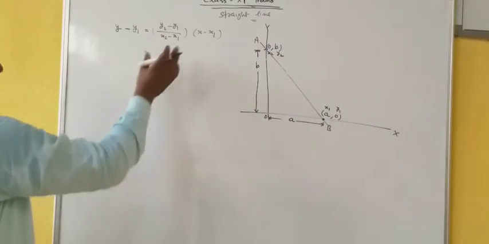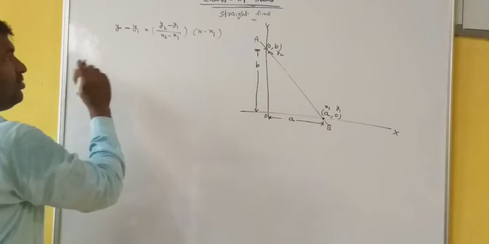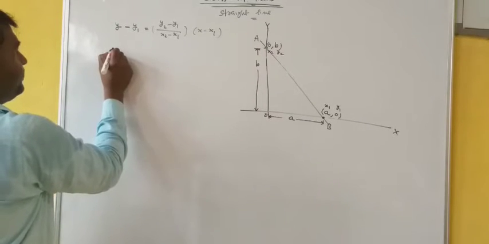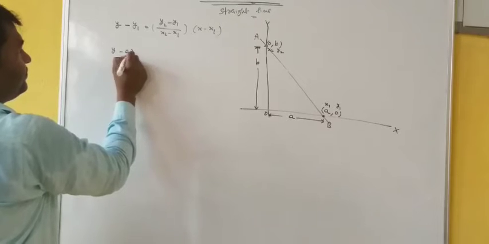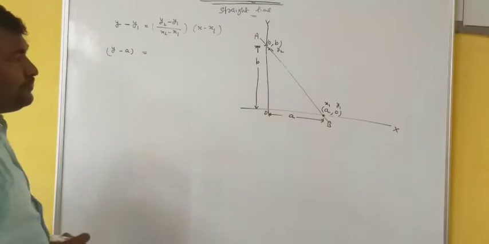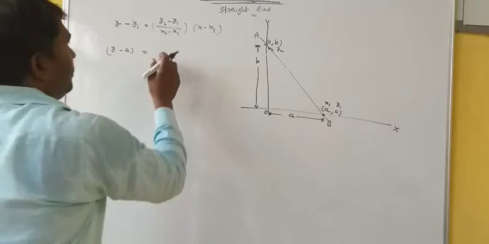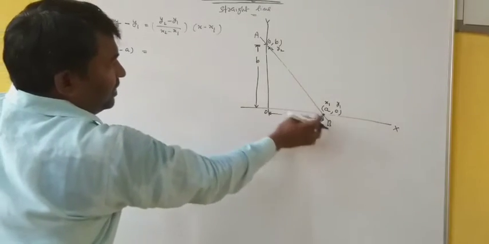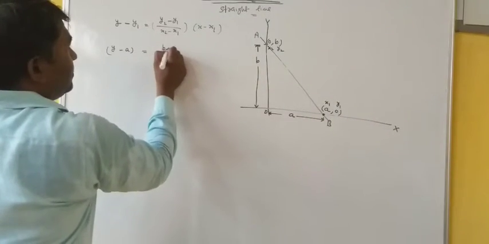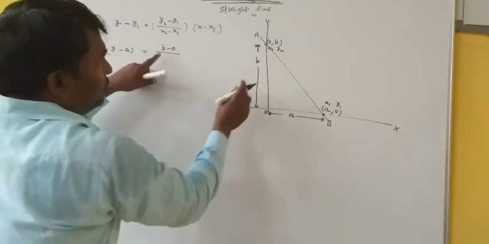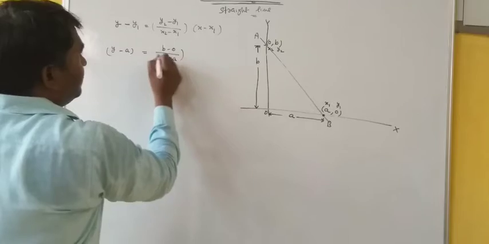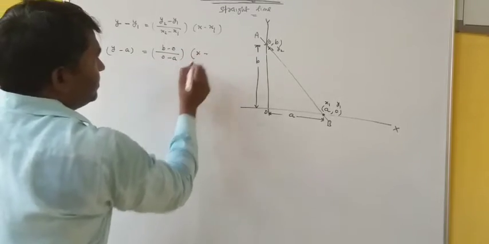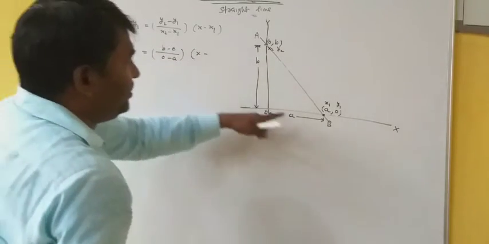So just putting these values in this equation, we know y minus y1 is equal to (y2 minus y1), that is b minus 0, upon (x2 minus x1), that is 0 minus a, into x minus x1, which is a.